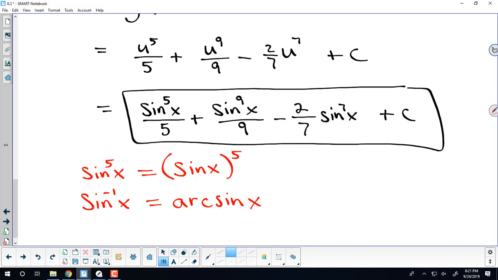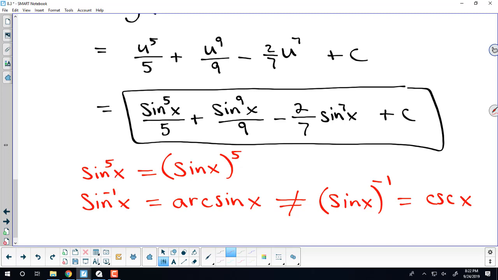So that's just the inverse sine. It is not the same thing as sine x to the negative 1. Sine x to the negative 1 is 1 over sine, which is cosecant. So whatever, insert your favorite trig function in there, and it applies to all of those.